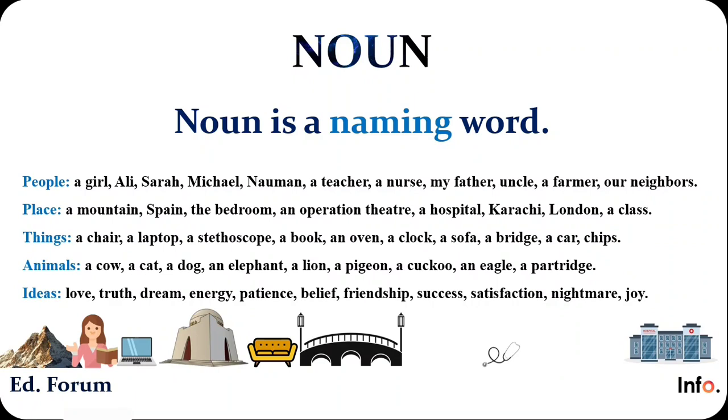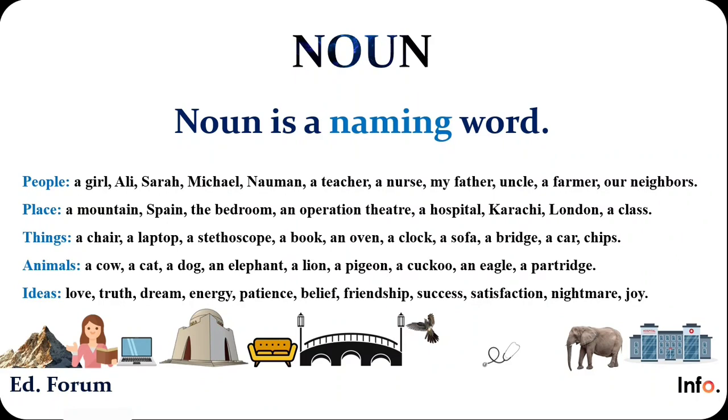Animals, a cow, a cat, a dog, an elephant is also a noun, which is quite a giant animal. A lion, the king of the jungle. A pigeon, a cuckoo. Oh, it's my favorite, a cuckoo. An eagle, a partridge is also a noun. Ideas. You know what? Some people think that ideas are not nouns.